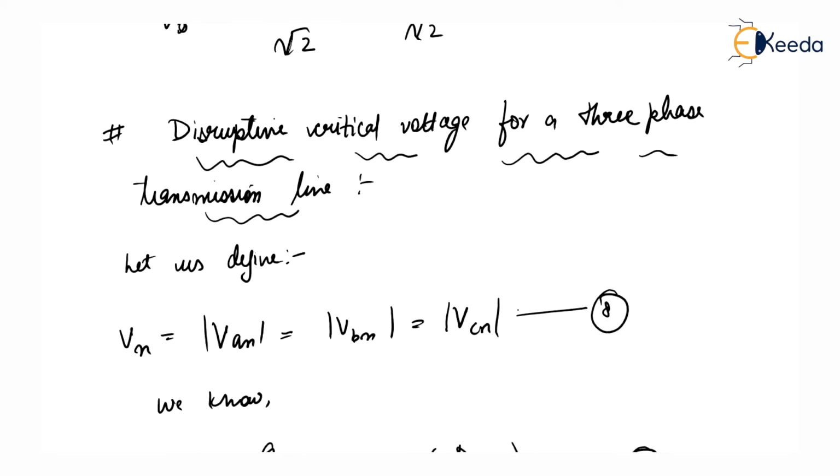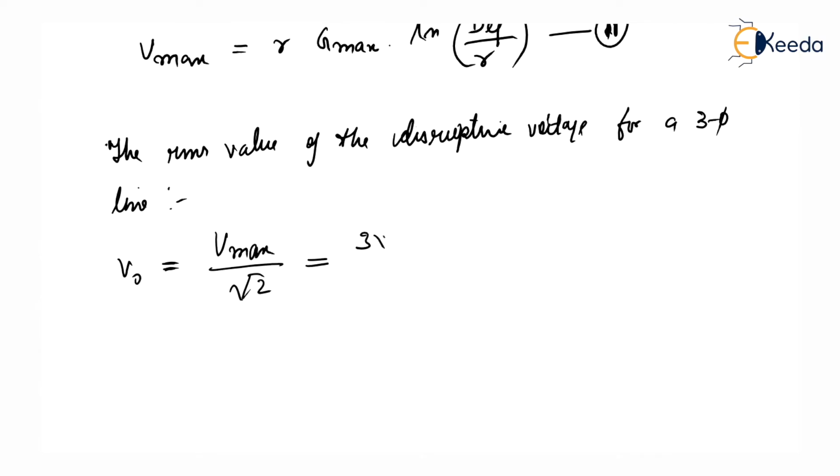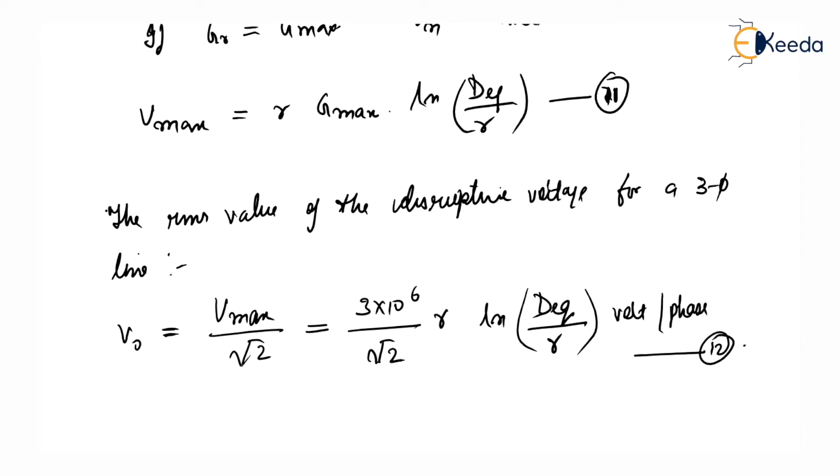We know the value of G max. 3 into 10 to the power 6 by root 2 into R log D equivalent by R, volt per phase. This is equation number 12.